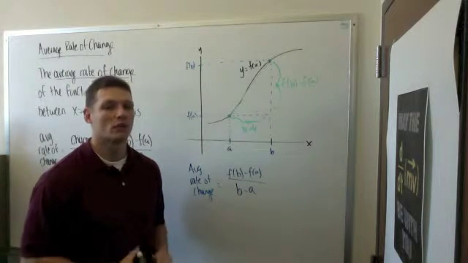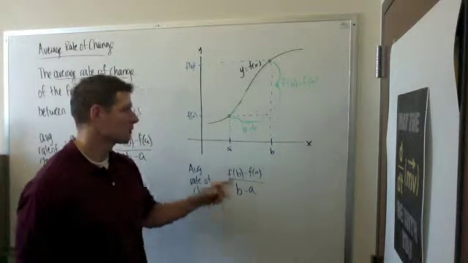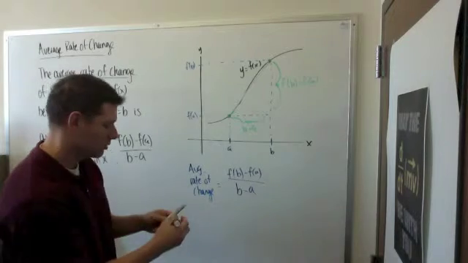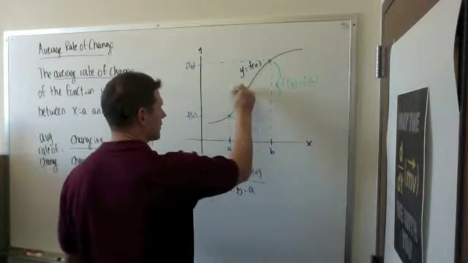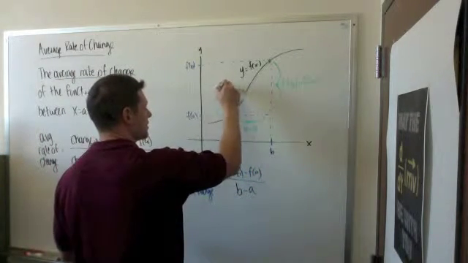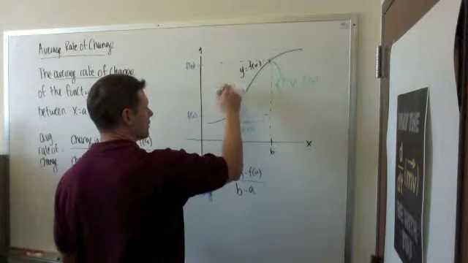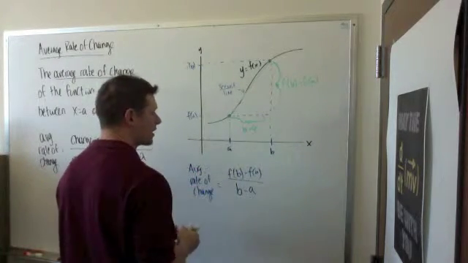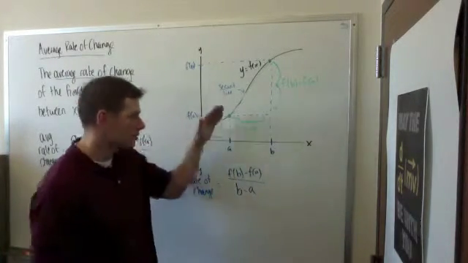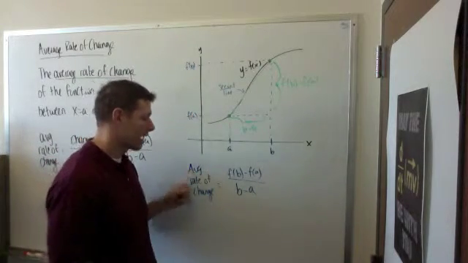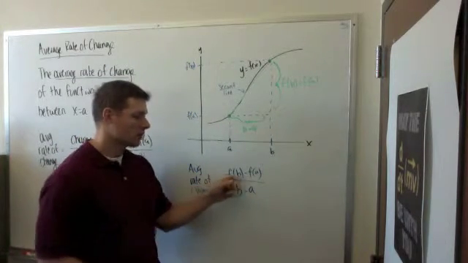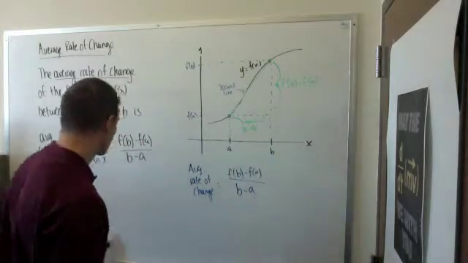That is y2 minus y1 divided by x2 minus x1. Well, that's what this is. And this actual line right here, this green line, is called the secant line. And what we're doing is we're finding the slope of that secant line. The slope of the secant line is the average rate of change between the points x equals a and x equals b.